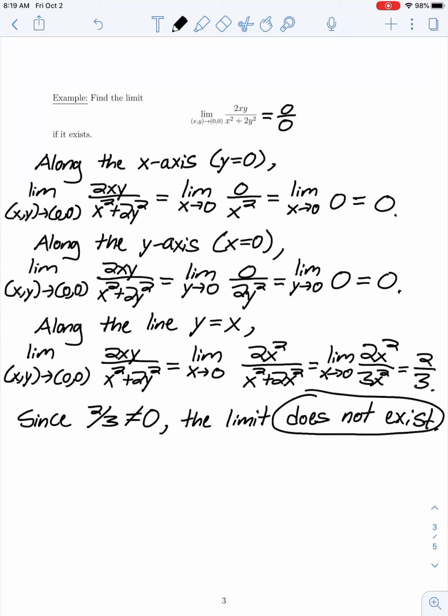All right. So this example illustrates that just because the limiting values of a function agree along two paths, that does not mean that the limiting value will be the same along every path.